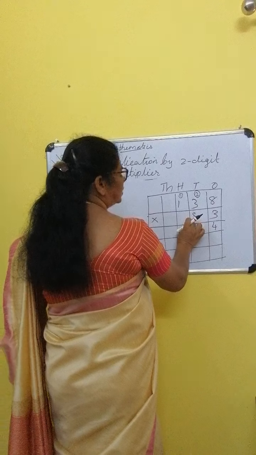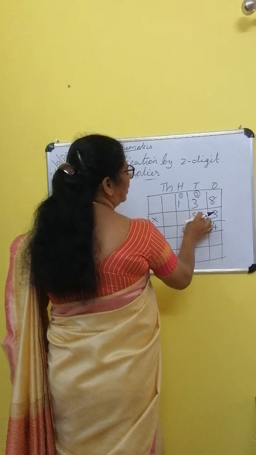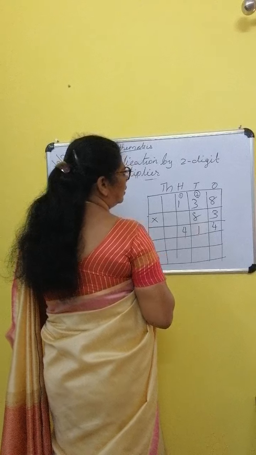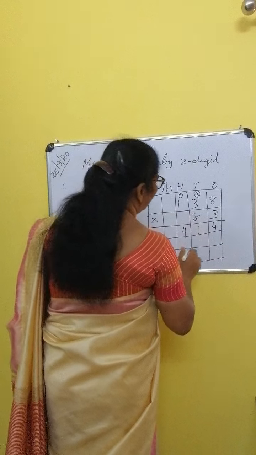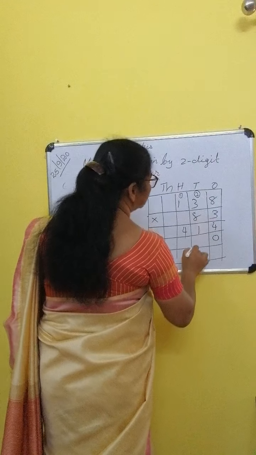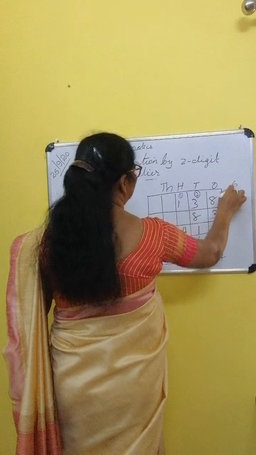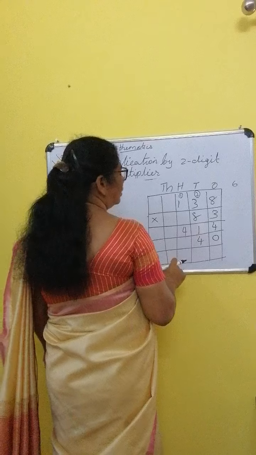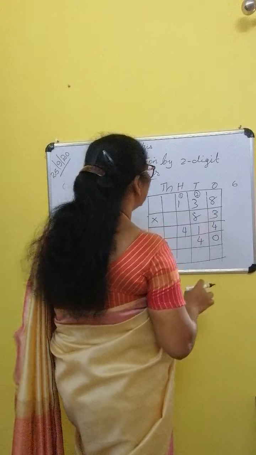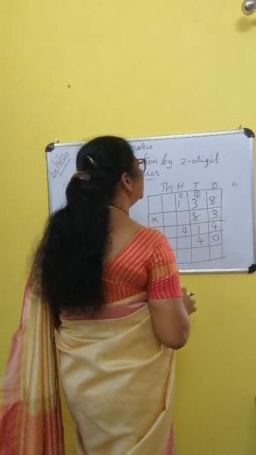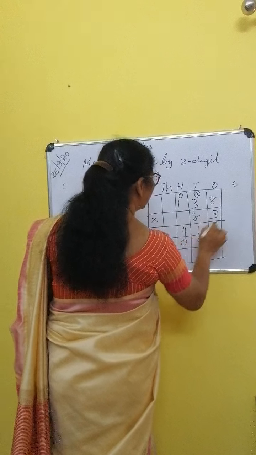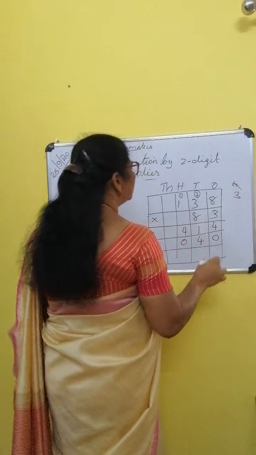Next with the tens place. 8 into 8. 8 8s are 64. First 0, 64, 4 right. 6 will be remainder right here. Then 8 3s are 24 plus 6, 30, 0, 3 remainder.